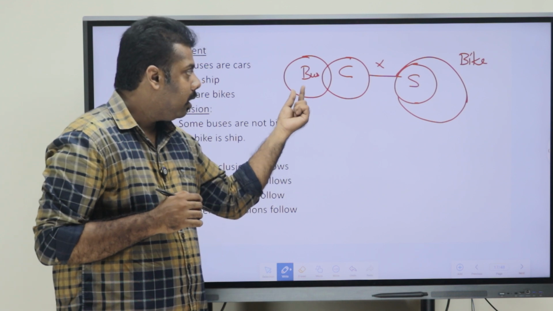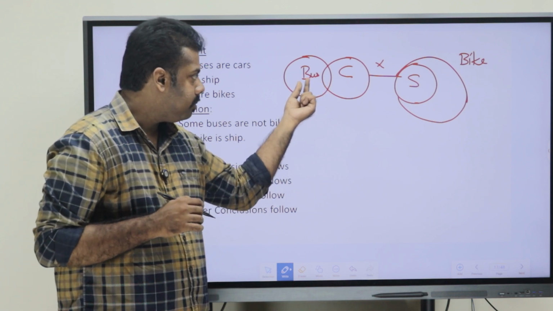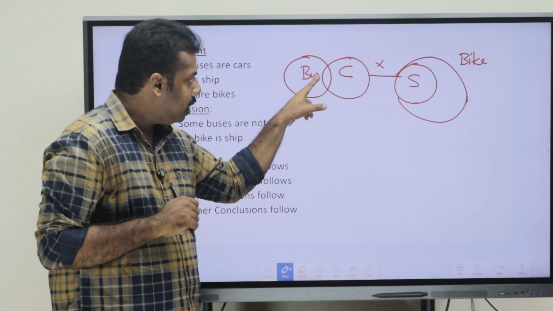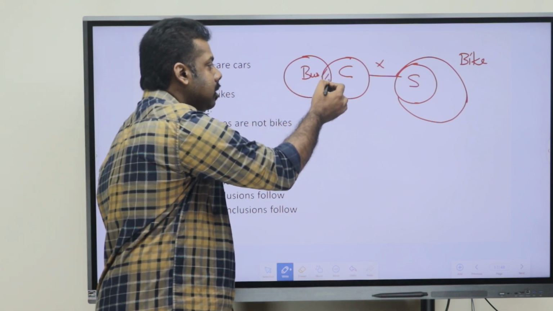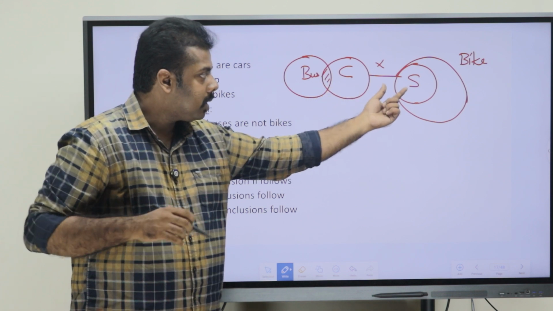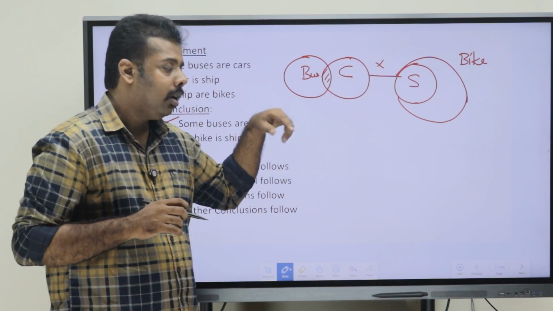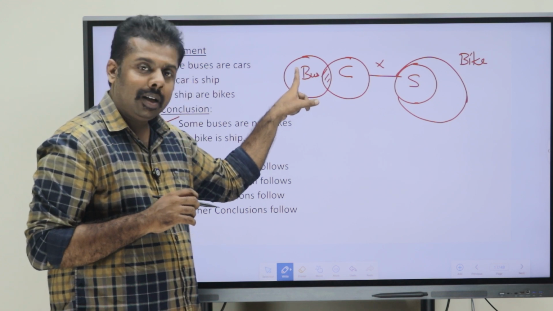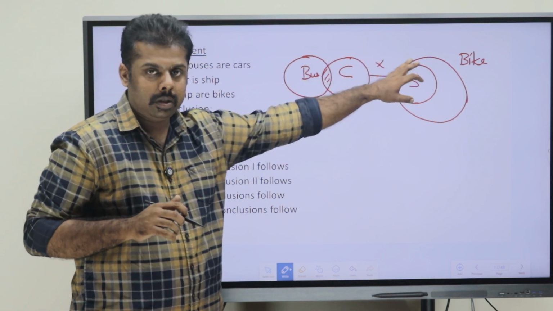Okay, so I am repeating the explanation here. Just discussing the solution, we can see that buses and cars are connected by a some relation, and car and ship is connected by a no relation. Okay. So in the earlier questions, we have seen that from this we can conclude that some buses are not ship.